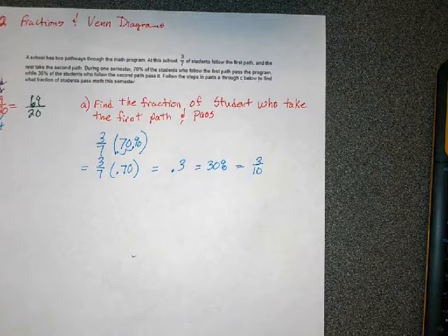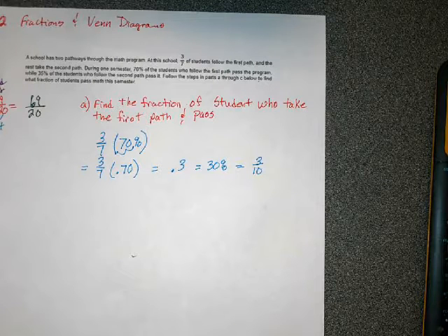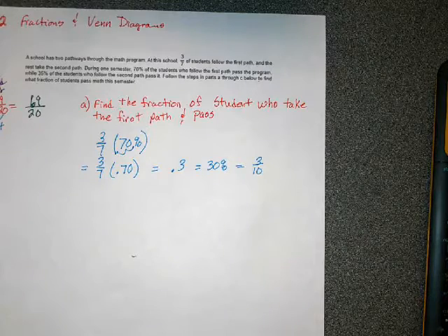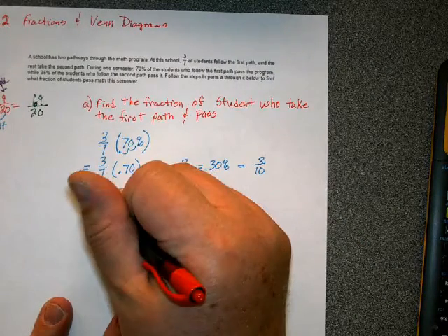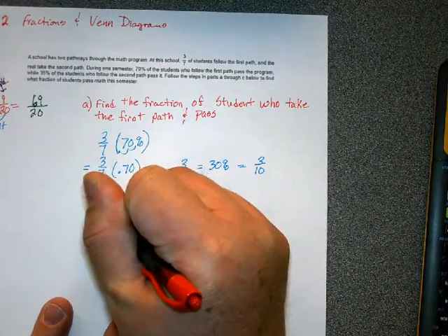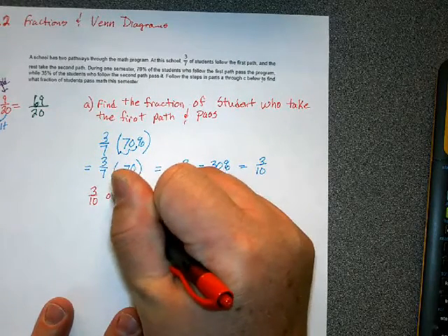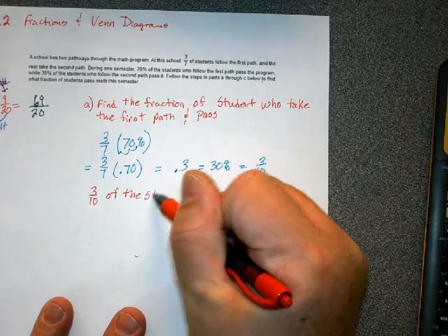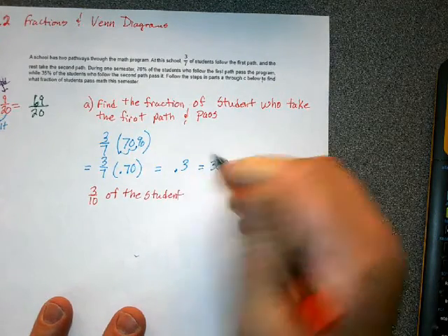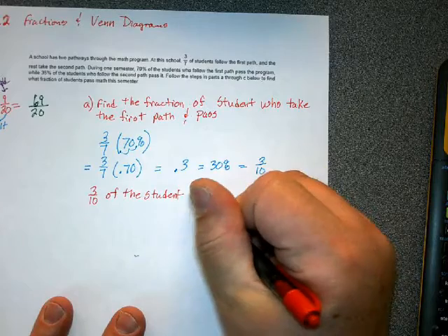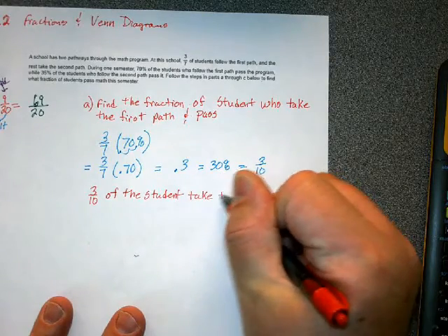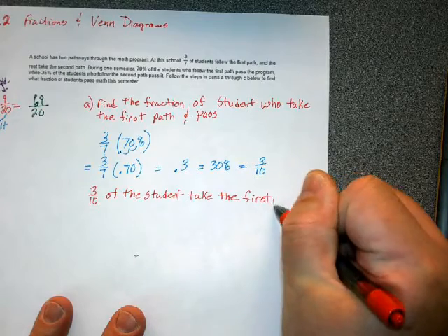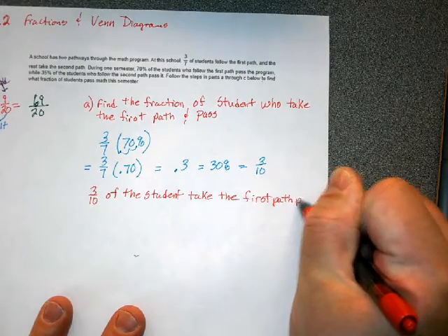Got it? Okay. So 3/10 of the students take the first path and pass. That's my answer.